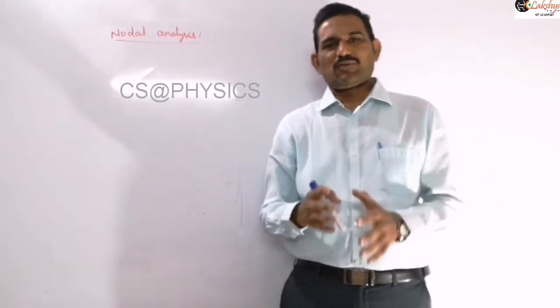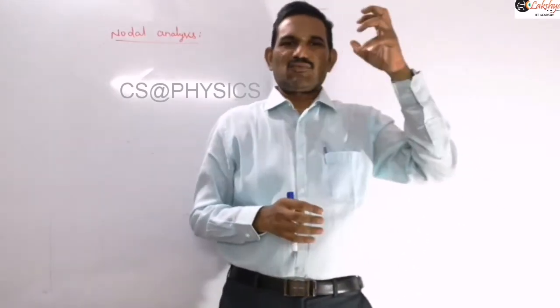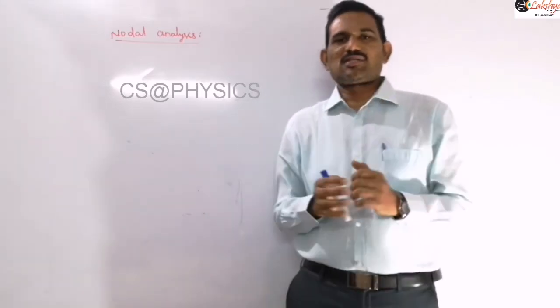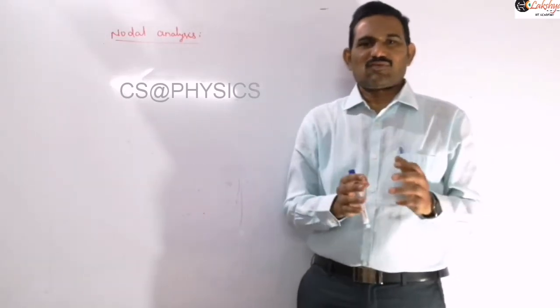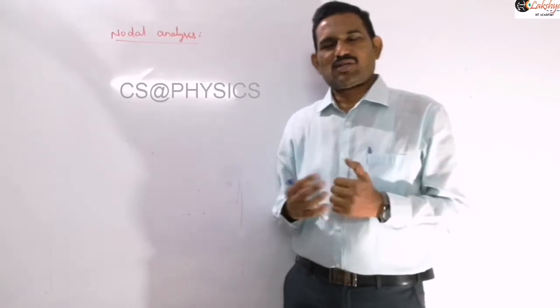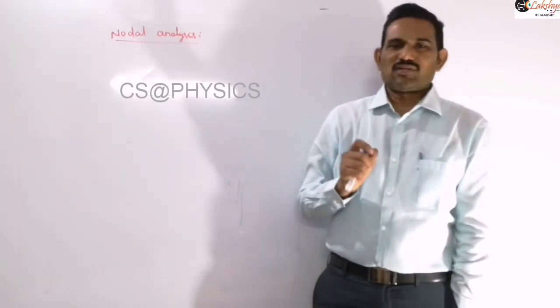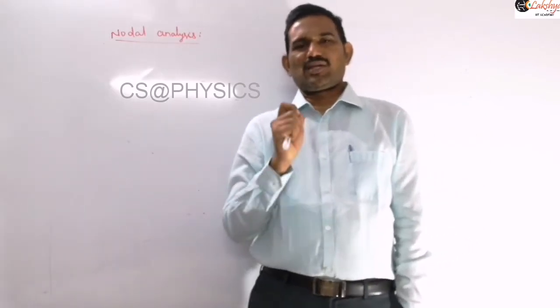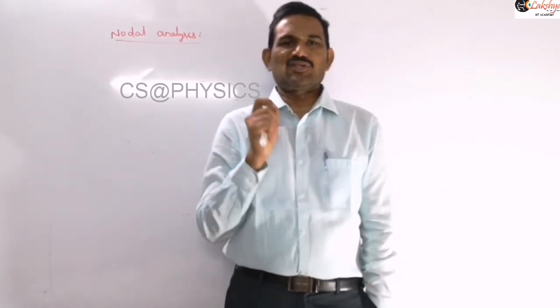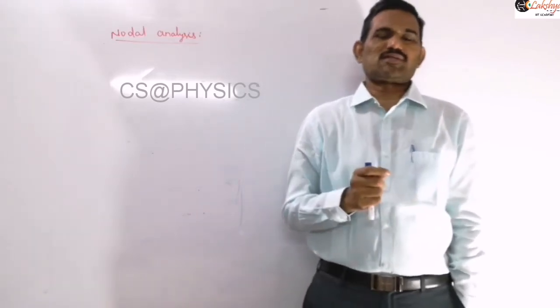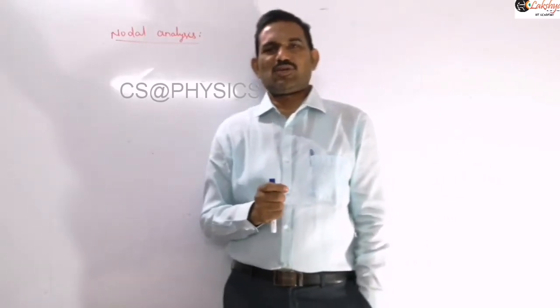Where the potential is unknown for us, we take some variables like x, y, z, or v1, v2, v3. Then we write the nodal equation. Nodal equation is nothing but sigma q is equal to 0. That means the algebraic sum of all the charges at that junction should be equal to 0.